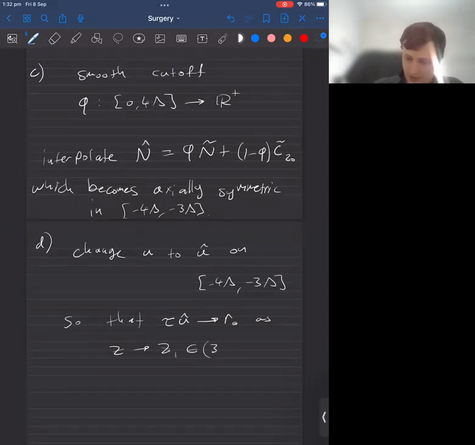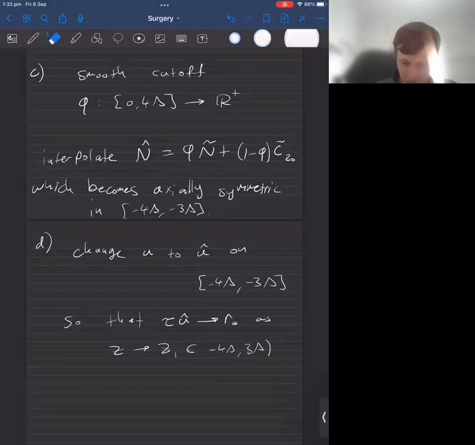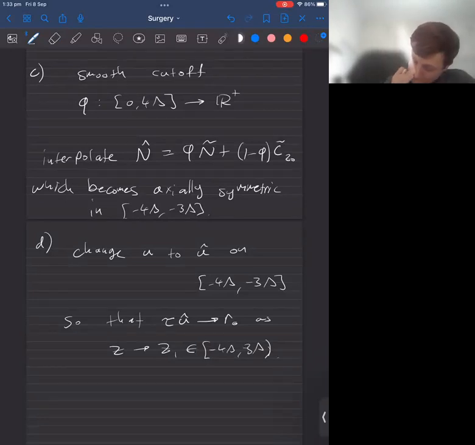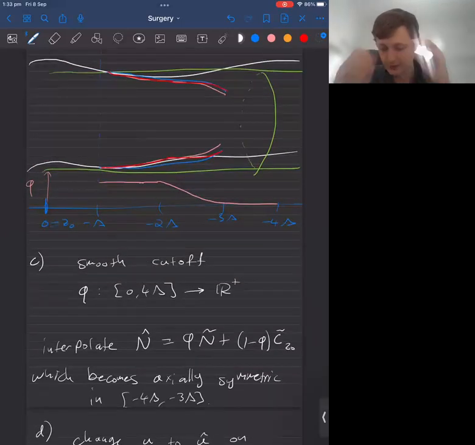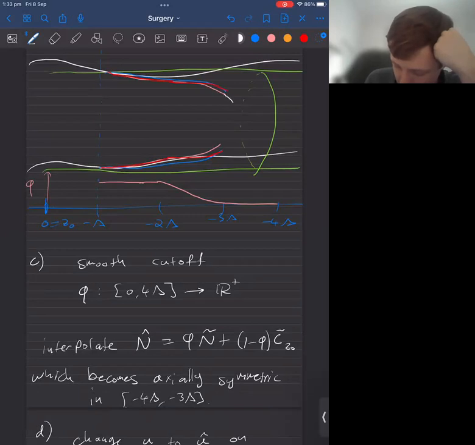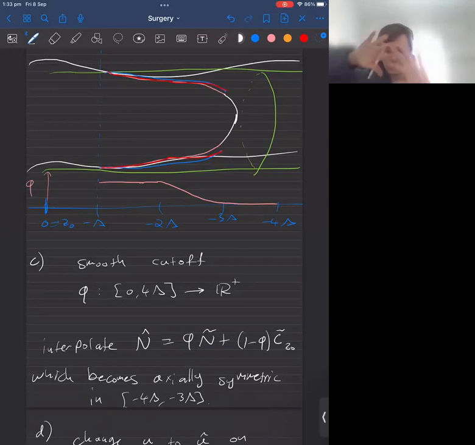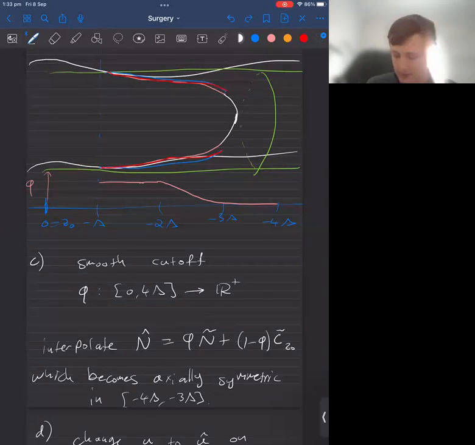And this will ensure that, I guess this has to be minus 4 lambda now. I'm sorry for completely reversing the orientation. But the idea is now we've got a nice axially symmetric, strictly convex thing. You can attach a cap here in a controlled way. And by making sure that everything's nice and small, this cap will have a nice bounded curvature.